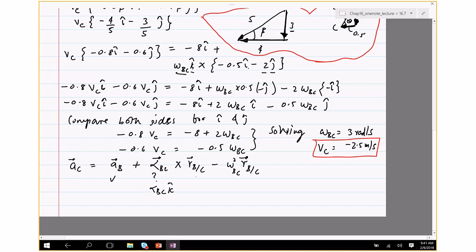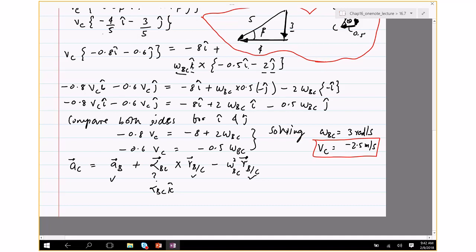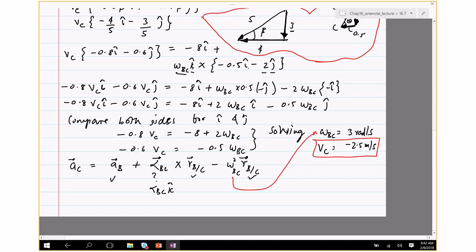Okay, I know the vector from C to B. I just found that out. This came from omega BC. I just solved for omega BC. I solved for this right here. So I know that. Okay, so this is an unknown.